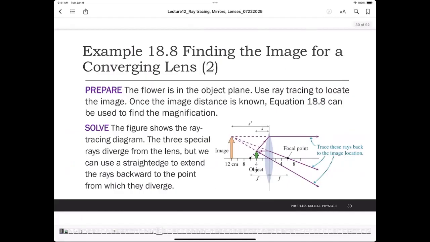Those three special rays diverge from the lens, but we can use a straight edge to extend the rays back to the point from which they diverge, like this. Does it make sense to you? Okay.